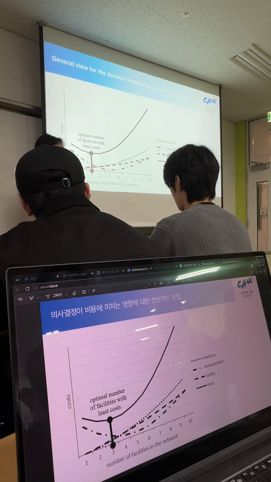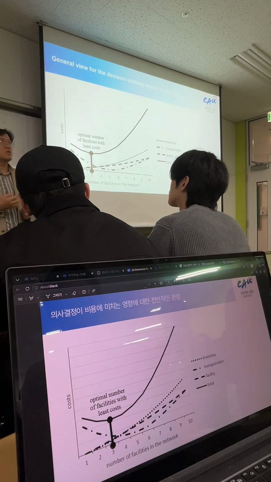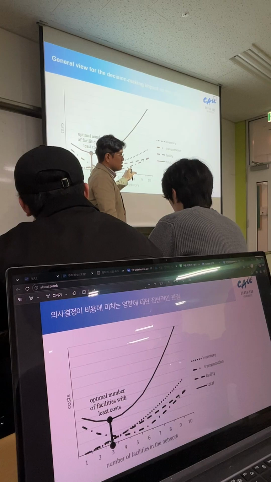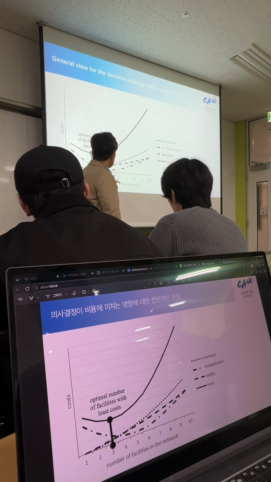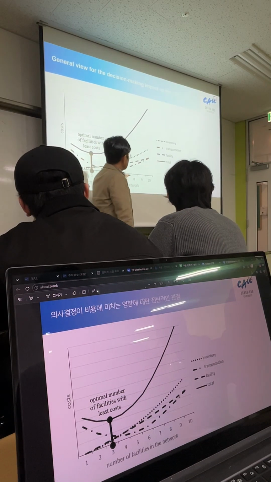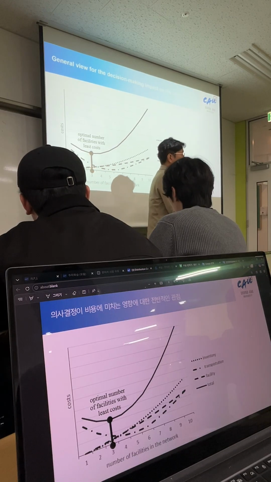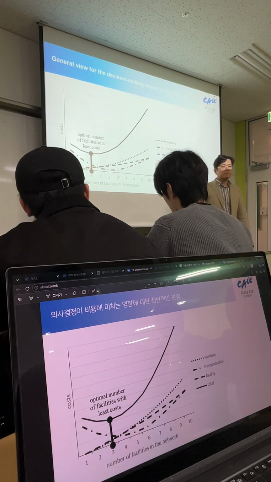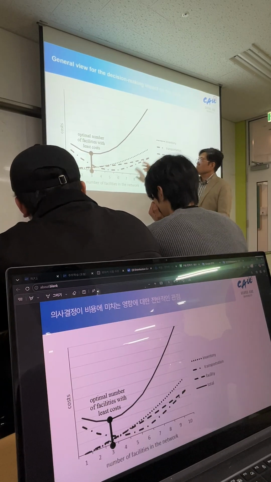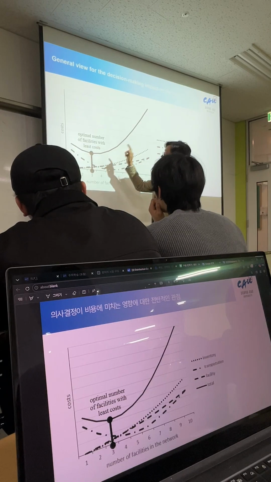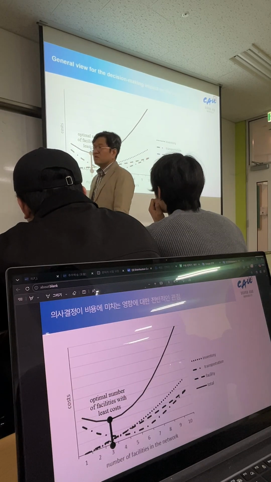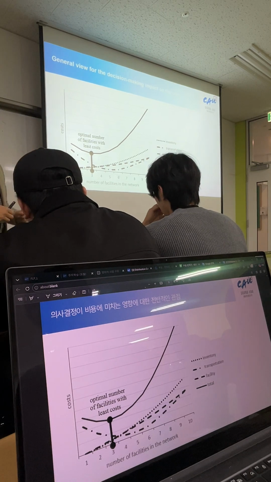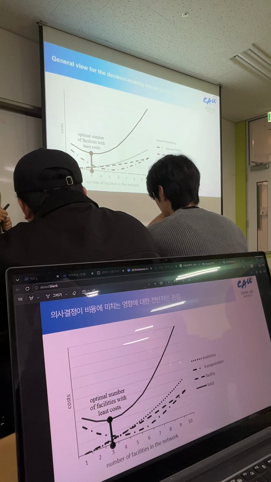So there are potential routings that can be reduced. But after you pass the optimal number of facilities, it increases again. Why? There are some overlapping routings with each other. So it is a suboptimal situation. So by summing up the total, you can calculate the optimal number of facilities, considering all possible cost factors.